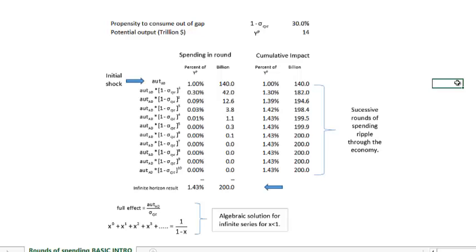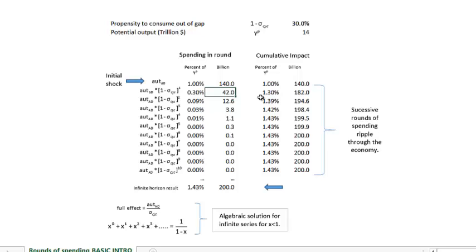That's why we're using this more general notation of AUT-AD as an autonomous spending shock, 1% of potential output, or 140 billion.